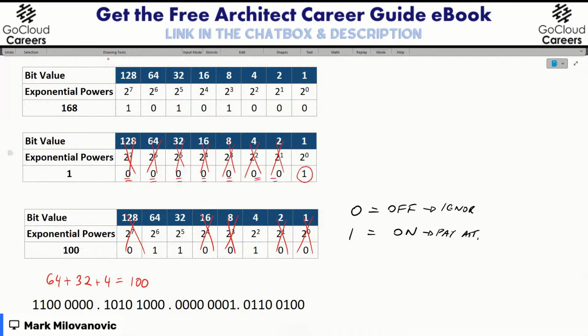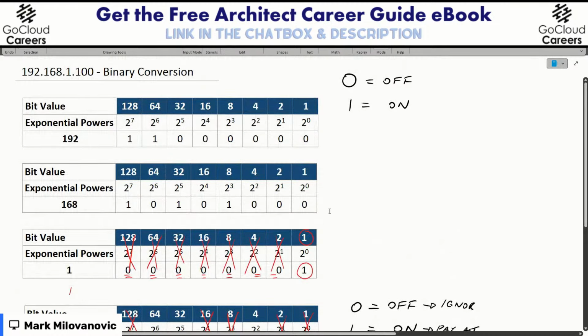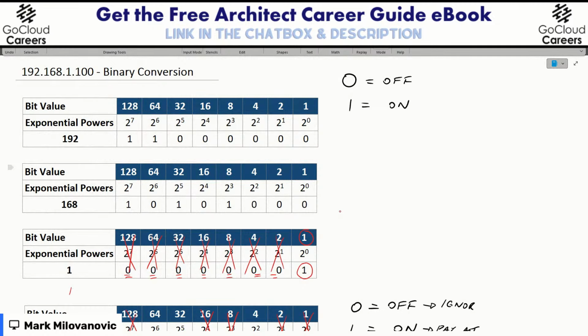But 1 is turned on. So if it's just 1, guess what? My binary value being ticked on at 1 is a decimal value of 1. You guys want to let me know if that's correct? All right, fantastic.